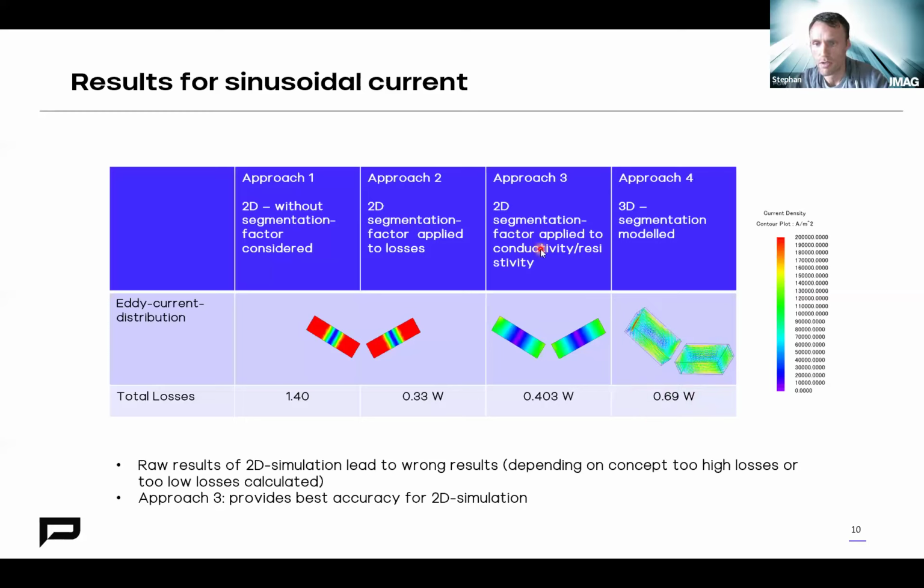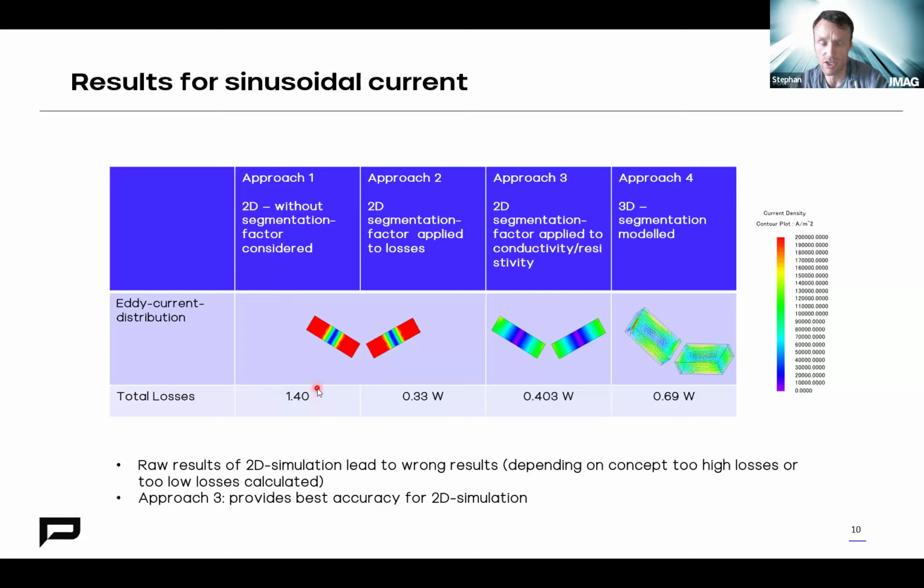So, and if you now compare the other 3 approaches dealing with the 2D simulation, the first one, where we do not consider any segmentation factor or 2D, 3D factor, we have very high losses compared to the 3D results, because in this 2D simulation, we fully miss the resistivity in the XY plane of the magnet.